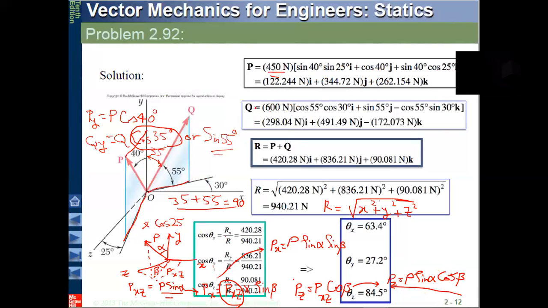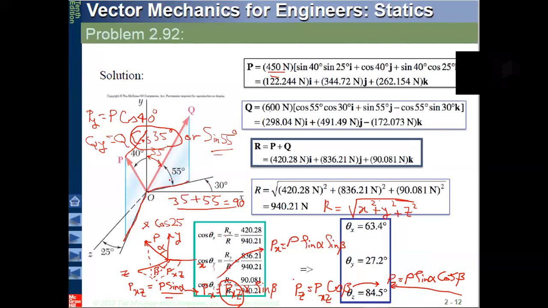And for Q, you have different angles. You do not have the angle between Q and the y direction, and you cannot directly use the equations for Px and Pz that were derived for vector P. So here you have a 55-degree angle between Q and the xz plane.